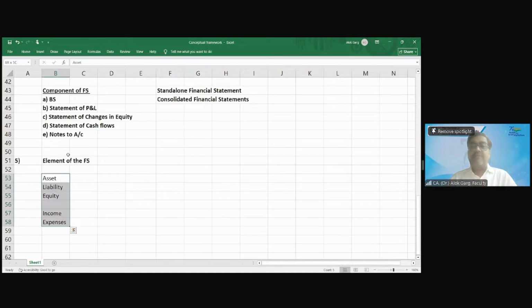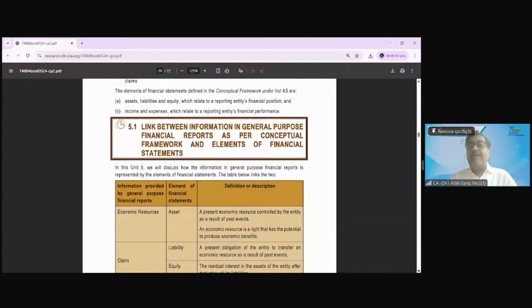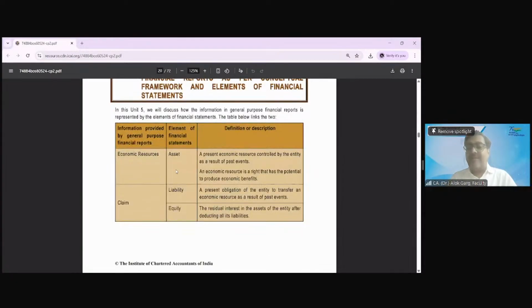Okay. So this framework also talks about the element of financial statement, and it provides you the description or definition. It says that asset, as you know, the economic resources word is used for asset, claim word is used for liability and equity.